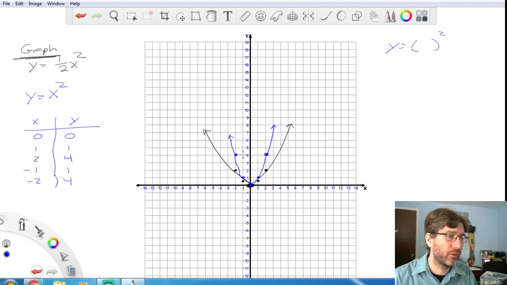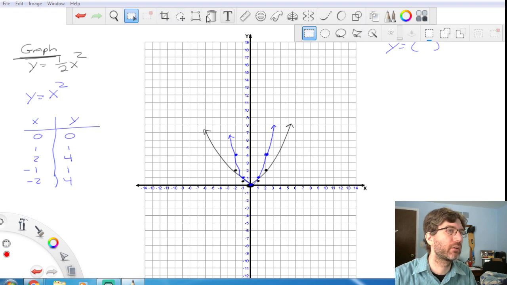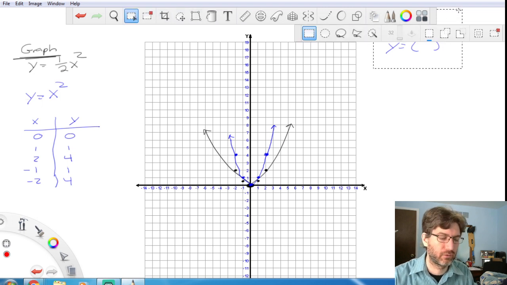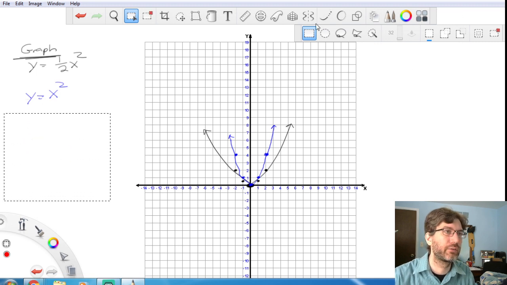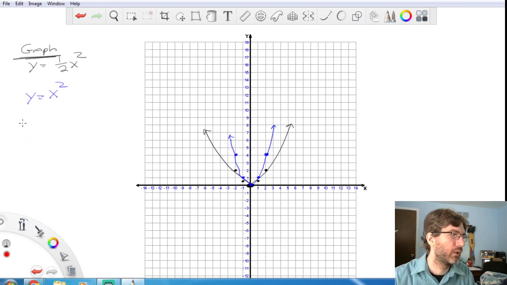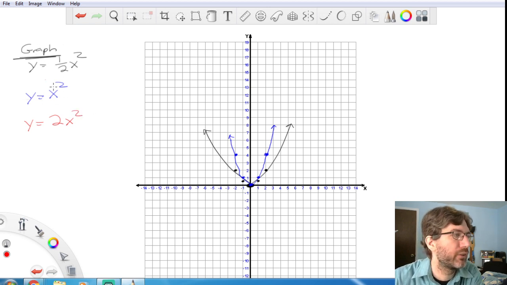The next one I want to graph is going to be in red. Let's get rid of all this. I want to graph y equals 2x squared. So if you look at these graphs here, they're all similar functions except that my a value is changing.